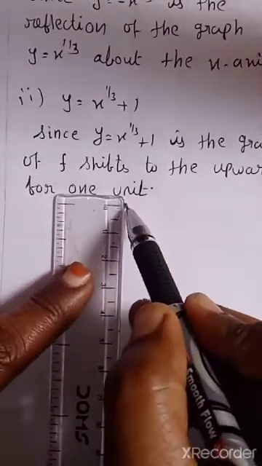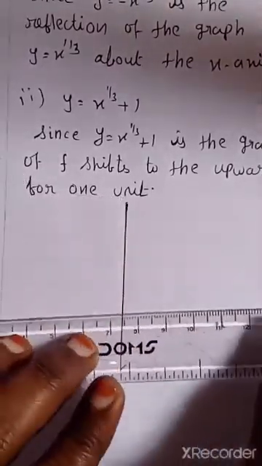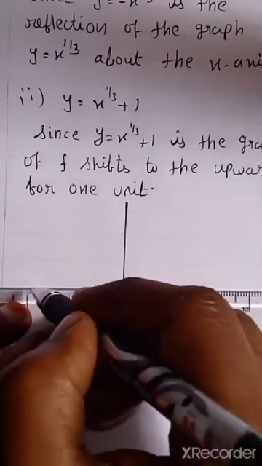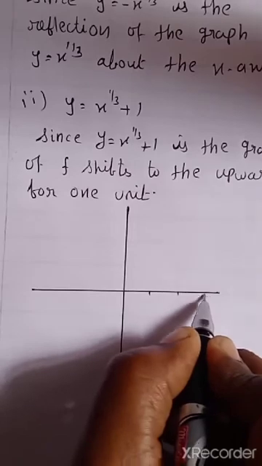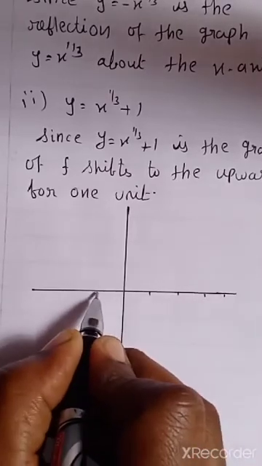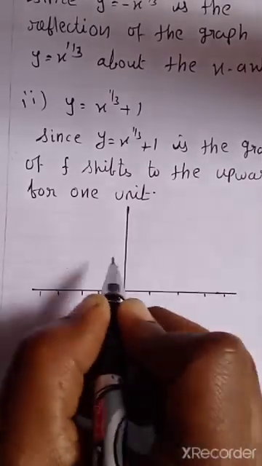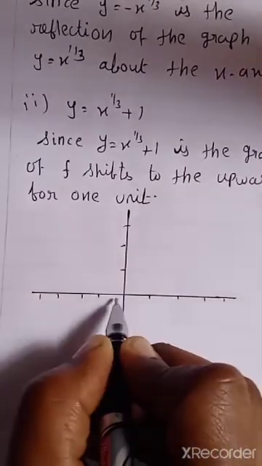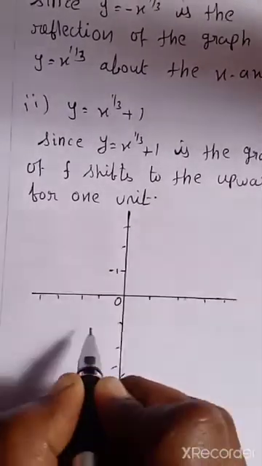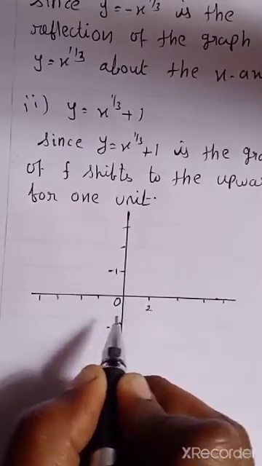Now we can draw the graph. So your axes: 2, 4, 6, 8, 2, 4, 6, 8, 1, 2, 3, minus 1, 2, 3, 0. So minus 1, 2. Correct?